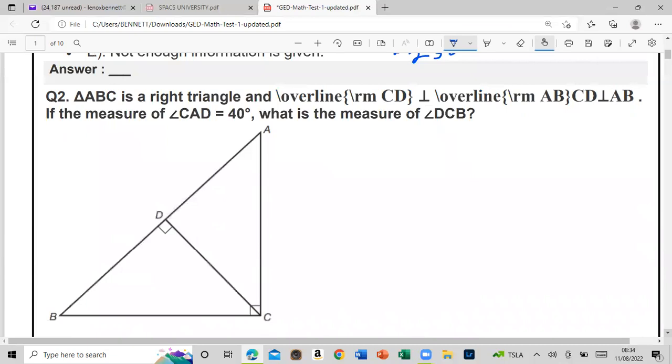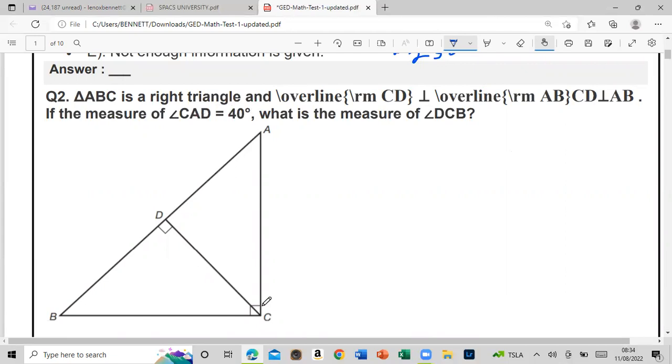Let's move on to question 2. ABC is a right angle triangle, and it measures CAD. So let's put in that angle ABC is a right angle triangle.